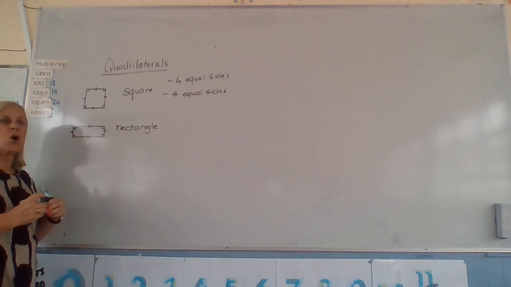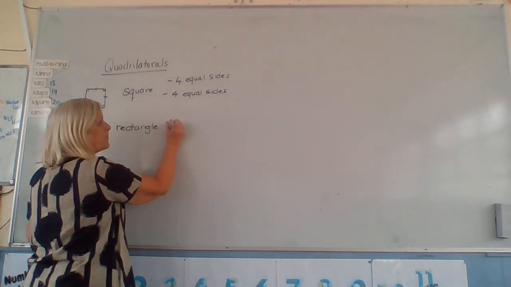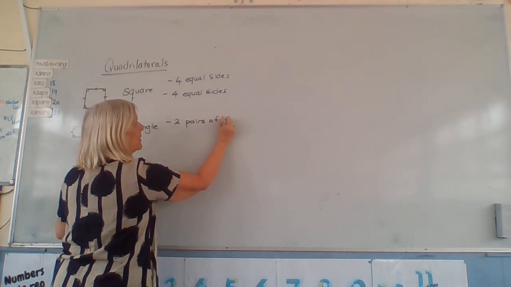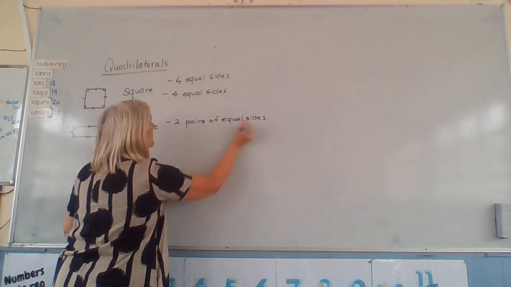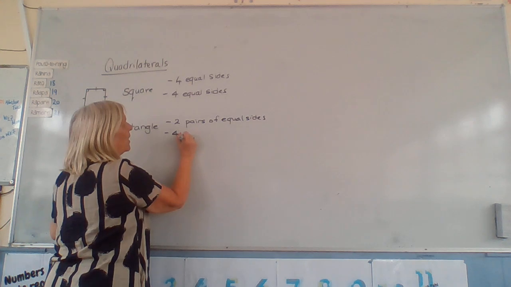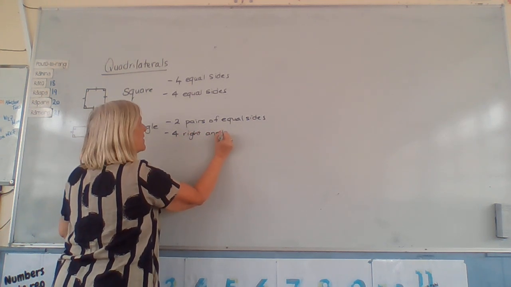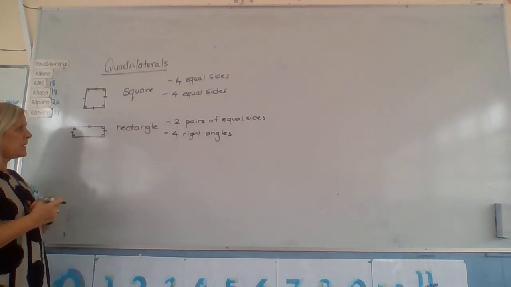So we say it's got 2 pairs of equal sides and 4 right angles. They have to be equal because otherwise they don't make up a quadrilateral. Next shape.